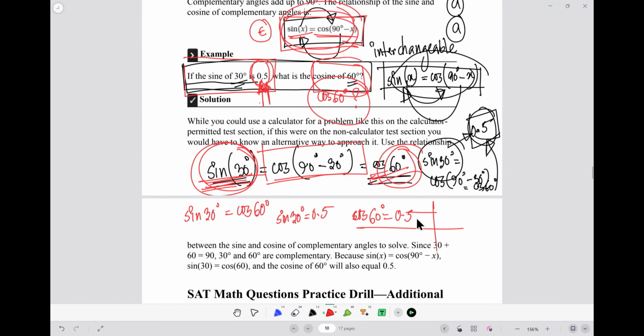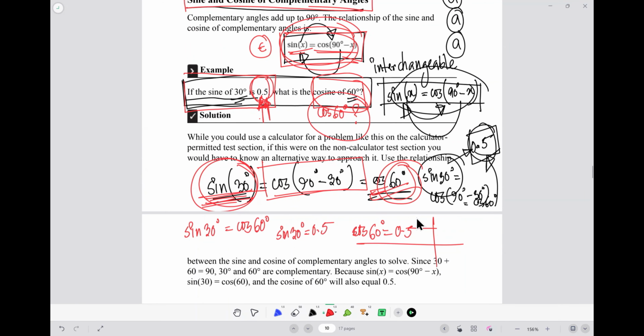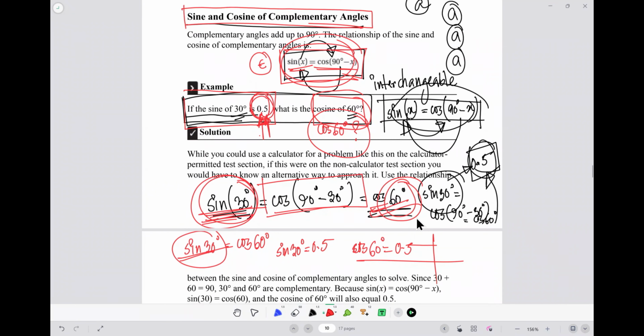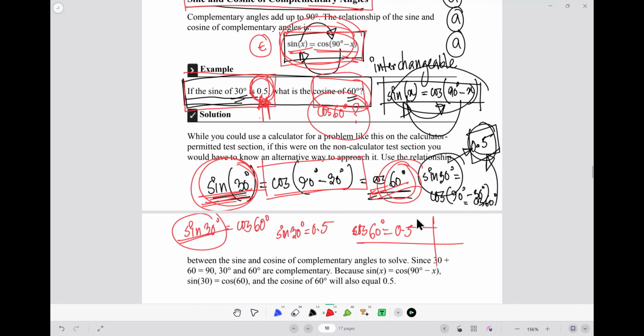Can you explain how? Okay, the value of sine of 30 degrees being 0.5 is already given. We have been told. And how do you find the value of cosine of 60 degrees?